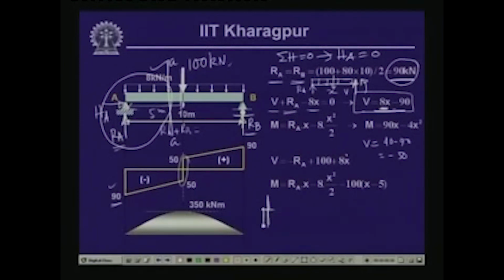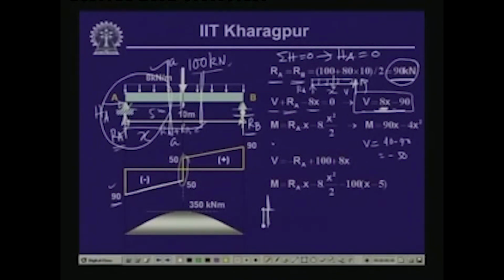Likewise, let us assume for the time being that we have this variation from here to here, which is linearly varying with respect to x. Now, if we like to find out the value of the shear force immediately after this 100 kilonewton load, let us take a section here at this point, which is again at a variable distance x, wherein we include this concentrated load as well.